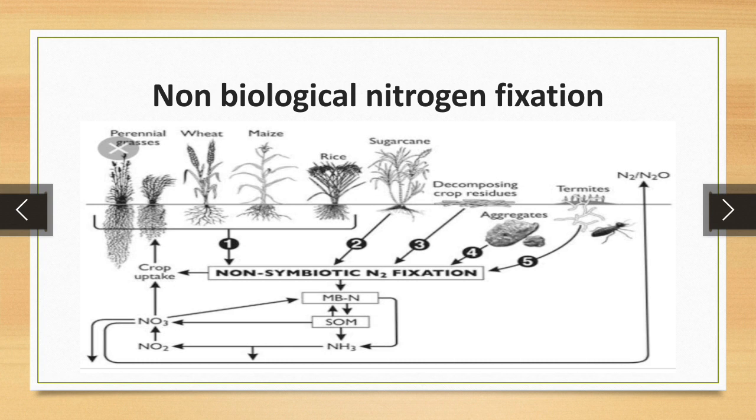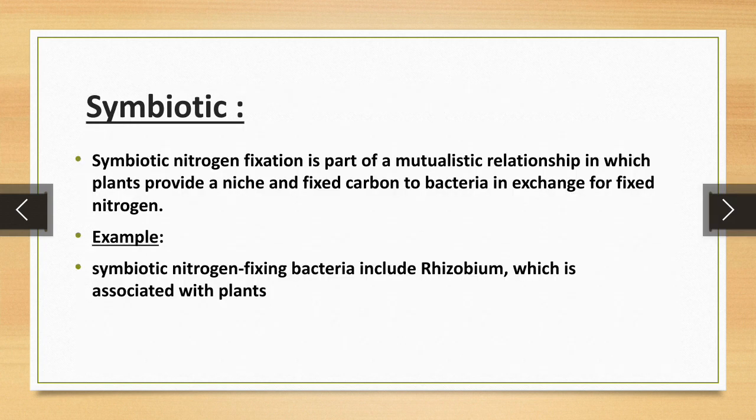Non-biological nitrogen fixation. You can see here in the diagram. Symbiotic nitrogen fixation is a part of a mutualistic relationship in which the plant provides a niche and fixed carbon to bacteria in exchange for fixed nitrogen.